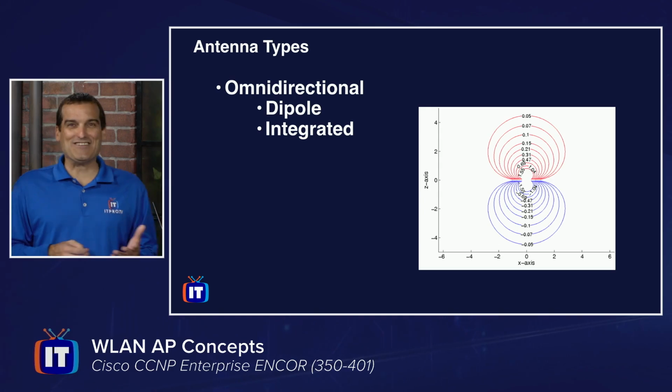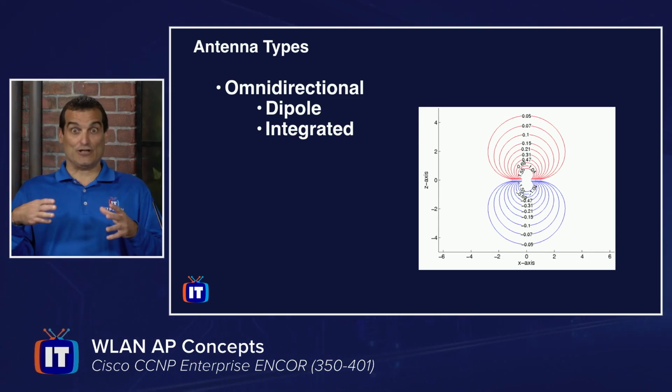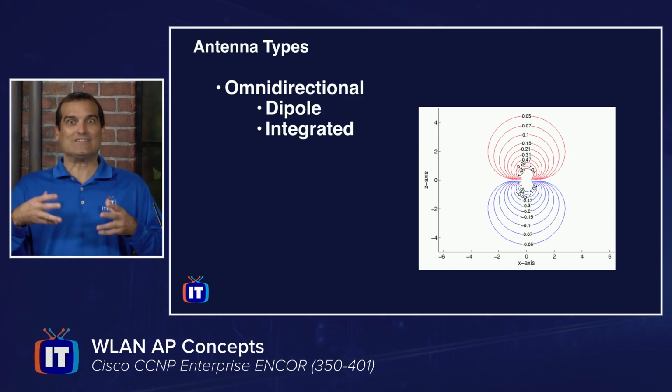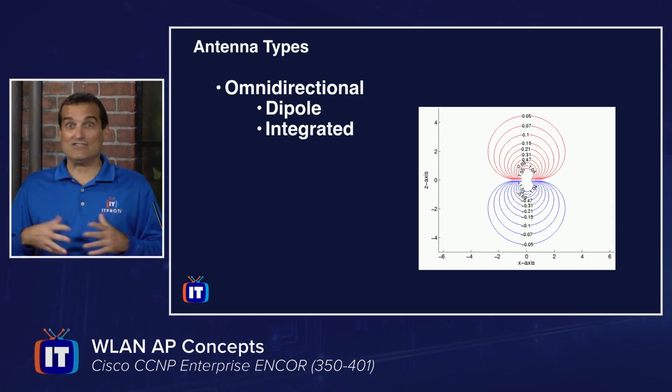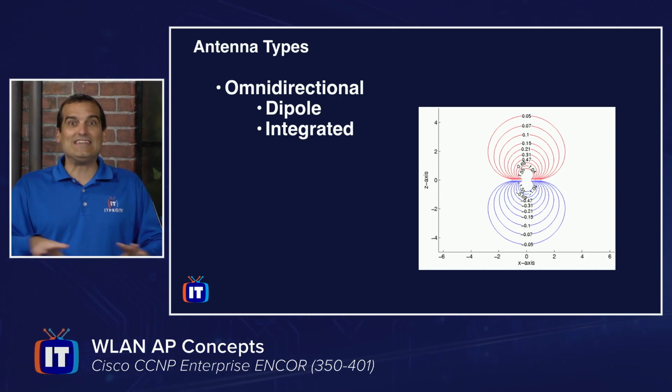A lot of Cisco's access points have no visible antenna. Have you seen that? Right. It's this little UFO looking thing mounted to the ceiling. That is almost always going to be the integrated omnidirectional antenna that's trying to give us a nice broad coverage.